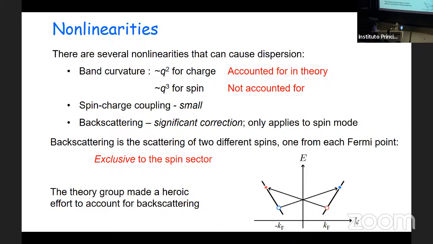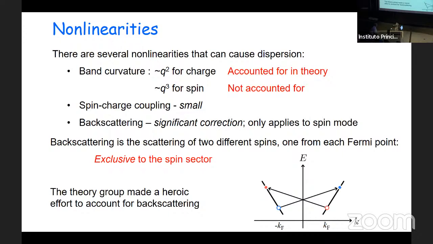So it turns out that the dominant nonlinearity is the band curvature, which I showed earlier. For the charge mode, it goes like Q squared. But for the spin mode, it's different. And this was something that Ji Wen discovered in the context of looking at this data, that this nonlinearity is called backscattering. It's a two-spin process, and it requires two different spins scattering from each Fermi point.